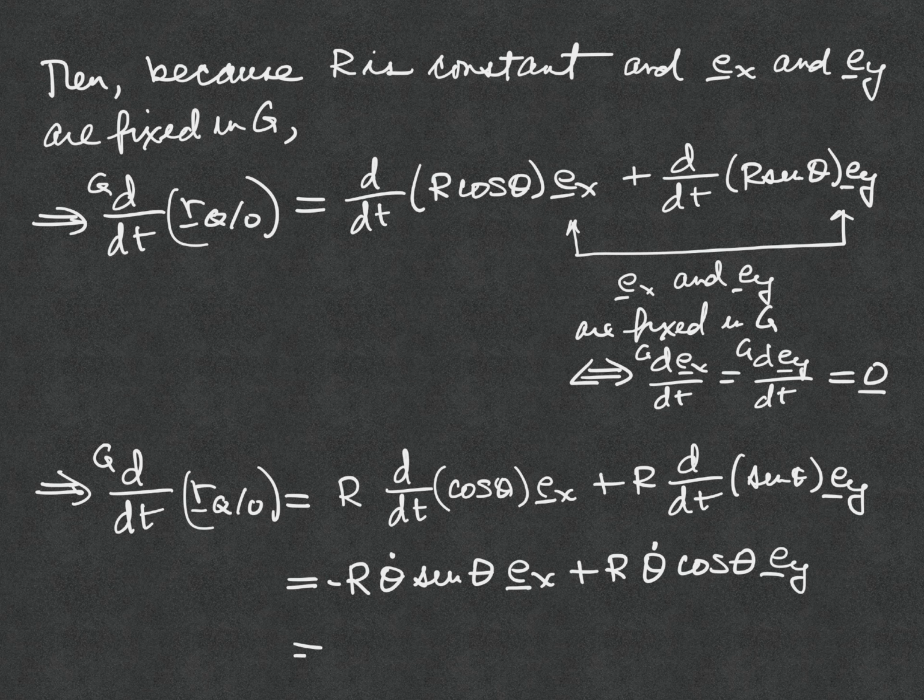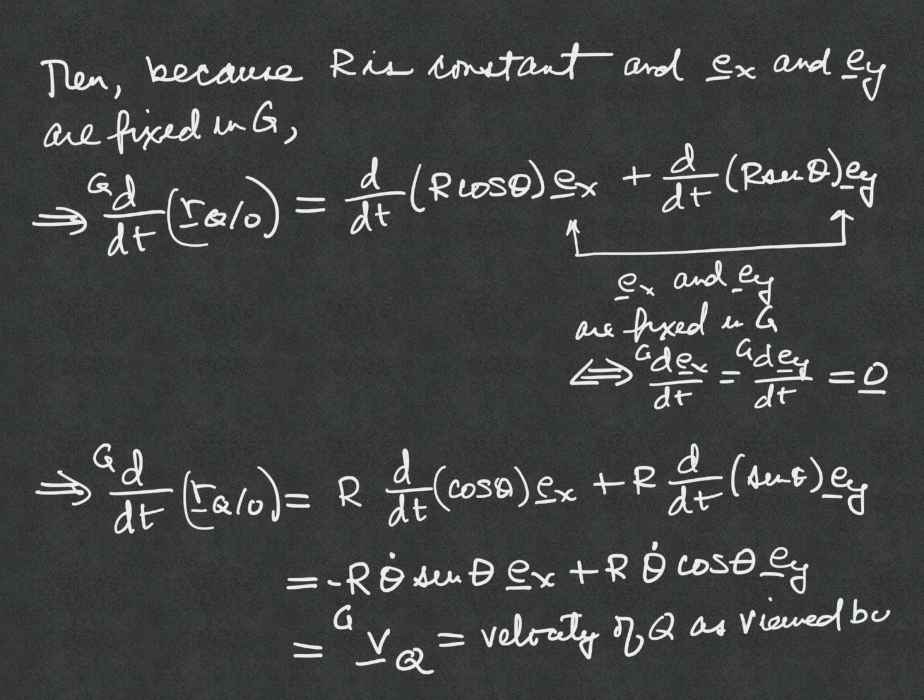Now this quantity I'm going to call the velocity of point Q in G. This is the velocity of Q as viewed by an observer fixed in G. Now you can see that when I did that, I used purely the basis EX, EY, EZ, which is fixed in the ground.